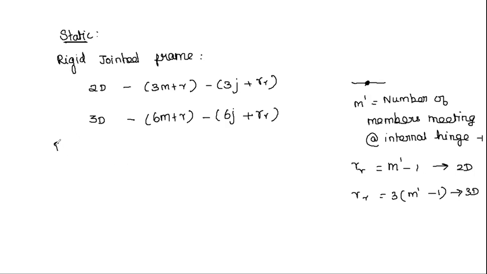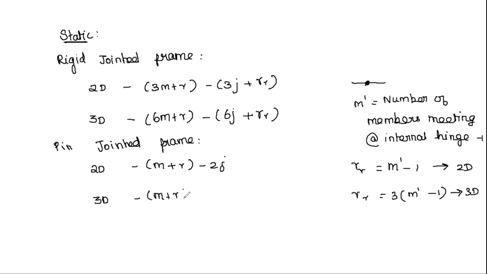Similarly, for pin jointed frames, in case of two-dimensional, it is M plus R minus 2J. Whereas in case of three-dimensional, it is M plus R minus 3J.